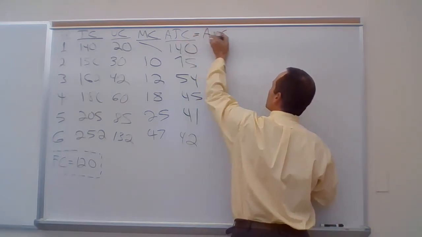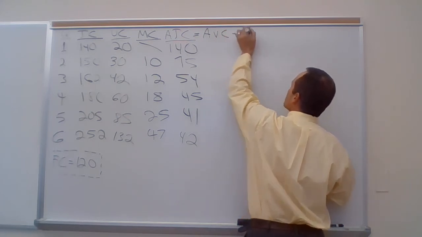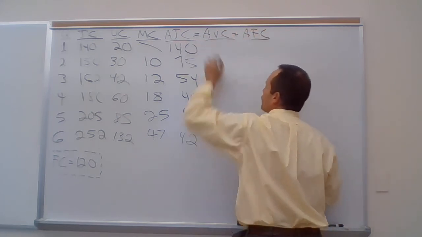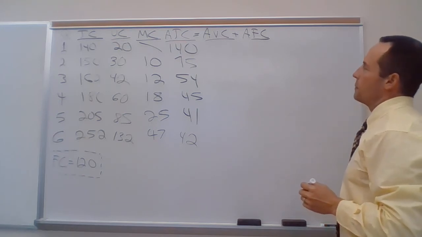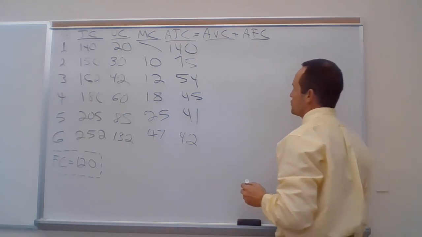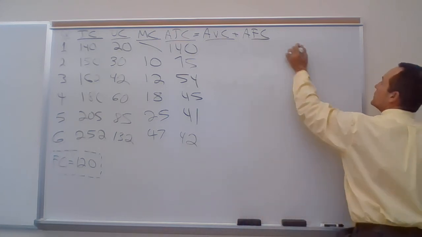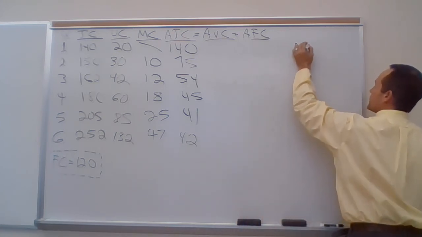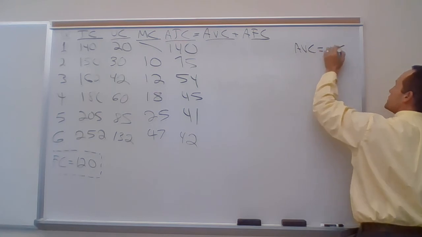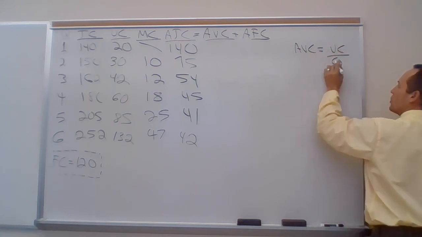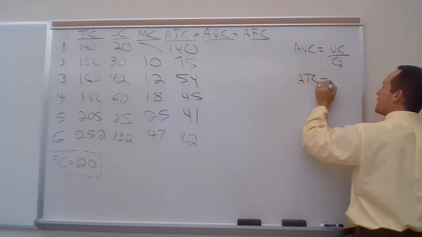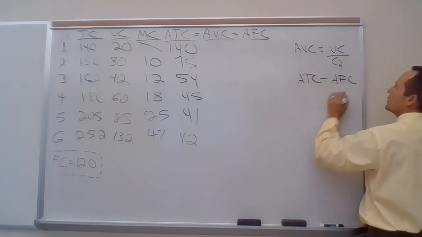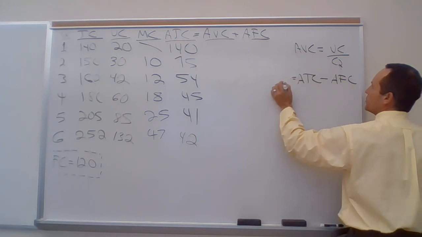And once we find AVC plus AFC, we can confirm it or verify it in another way. Okay, what is average variable cost? Well, average variable cost is equal to VC over Q, but it is also ATC taking out AFC. That also equals AVC.